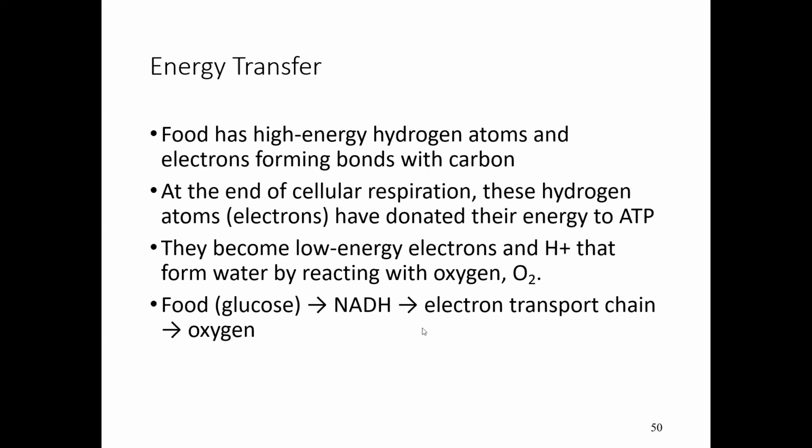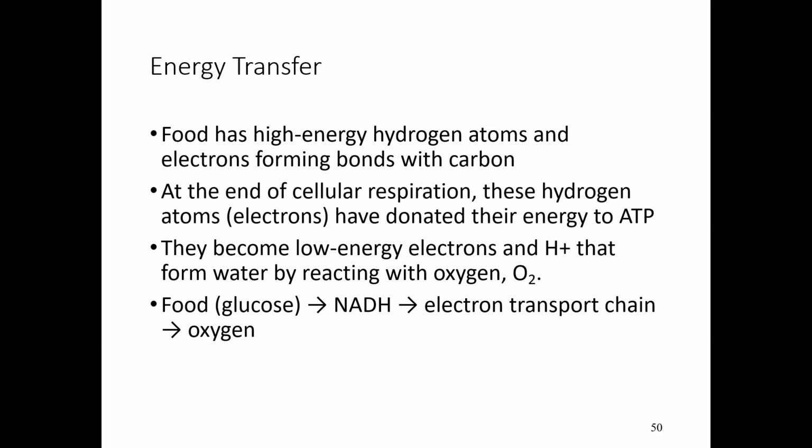But yes. Okay, now, food contains lots of high energy bonds. And those high energy bonds are the high energy electrons. The electrons in the valence shells are what we call high energy electrons.